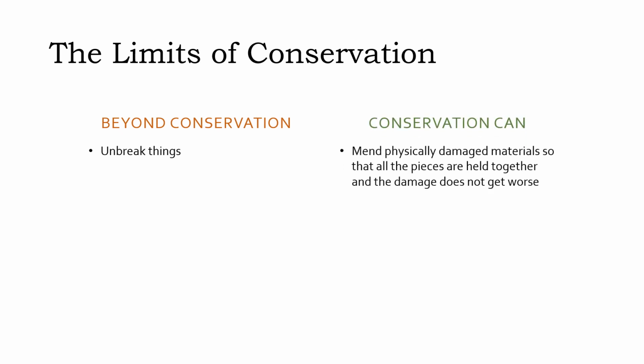Conservators can do a lot with remedial conservation techniques, but we're not miracle workers. We can't unbreak things. Once something is broken, those breaks are there forever. But we can mend things to hold all the pieces together and keep the damage from getting worse. Similarly, we can't reverse chemical deterioration, but we can slow down damaging chemical decay processes.